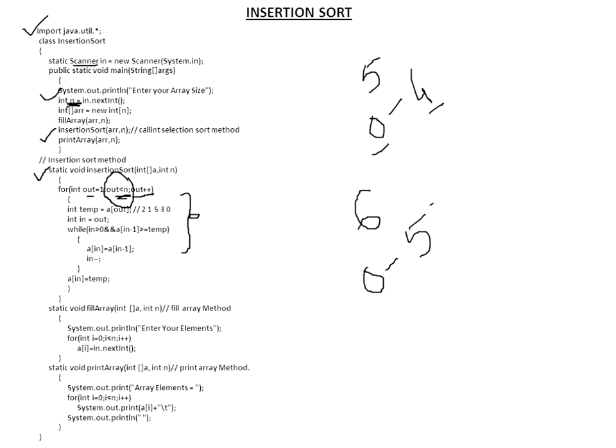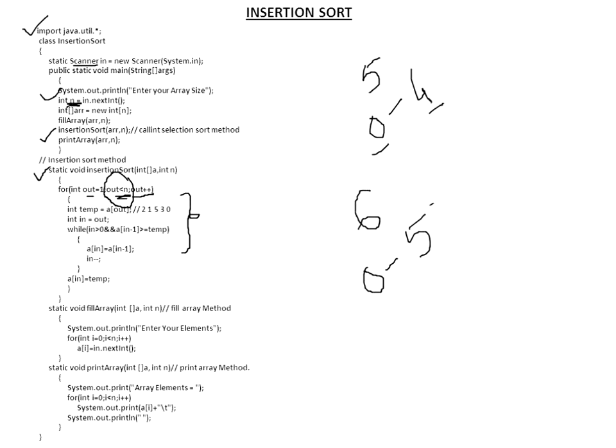Every time the index value will be 1 less than the length of an array, whether the user enters 7, 8, 9 or 10. If the user enters 10, the index value will be from 0 to 9. Again, 1 less than the size of the array. So there is no problem at all.